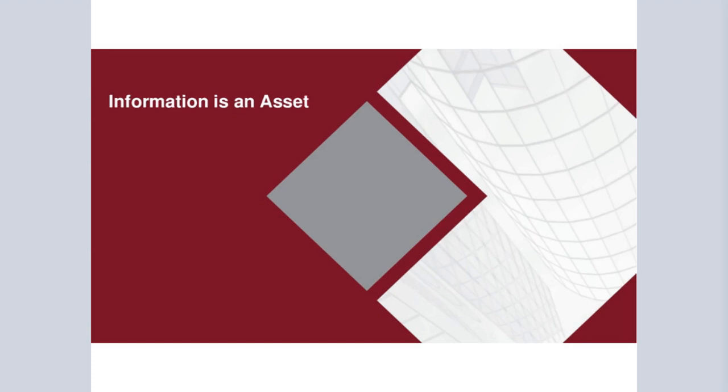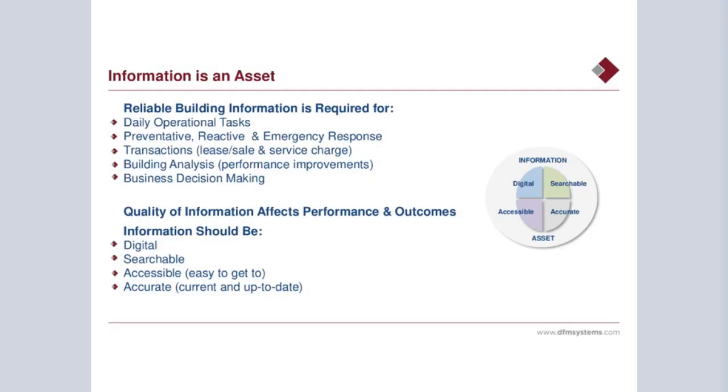So whenever we're working on a project, we see information as an asset. An asset that's almost as important, and probably as important as the actual physical asset. Because if you don't have information on the asset, it's almost impossible to get value from the asset. You certainly won't be able to operate it, certainly won't be able to maintain it, and probably won't be able to operate it as efficiently as need be.